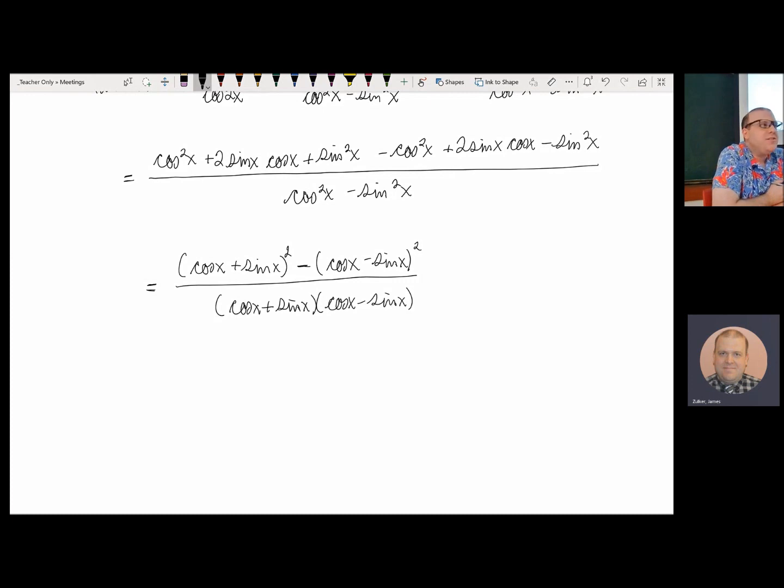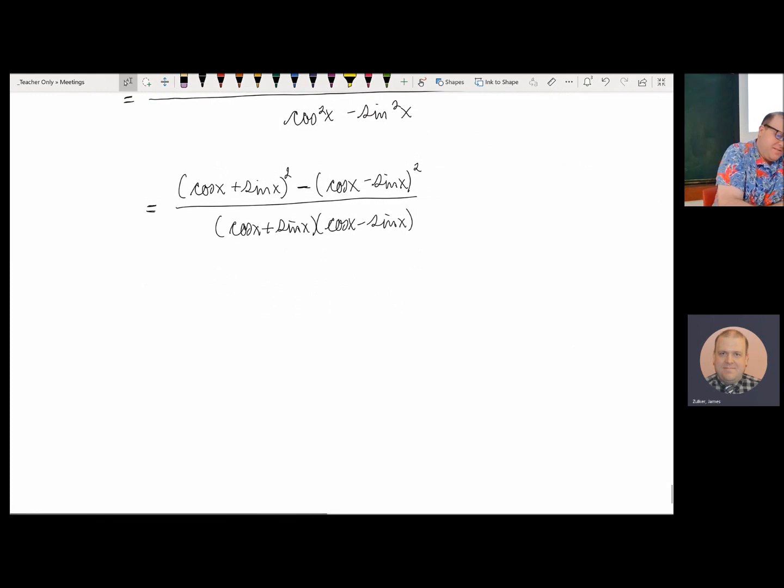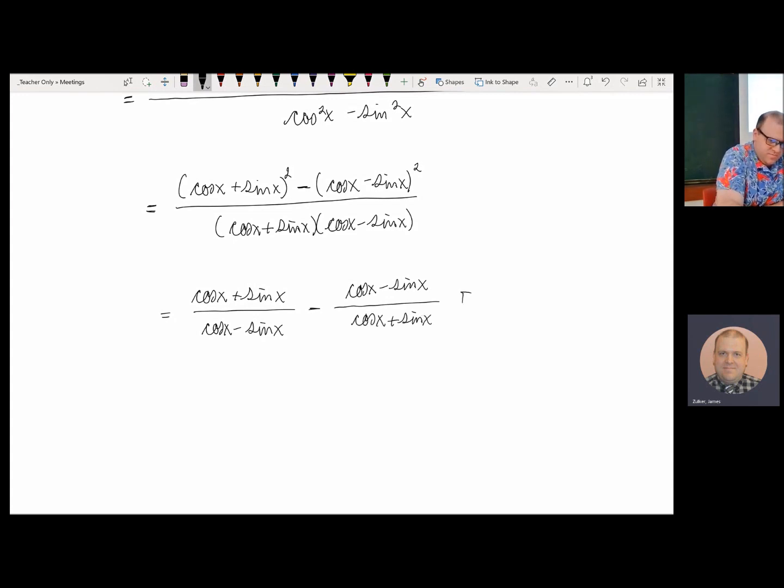The denominator is the difference of squares, right? That's cosine plus sine times cosine minus sine. And now split your fraction. And there's the identity proven.